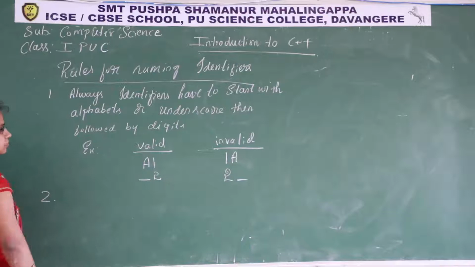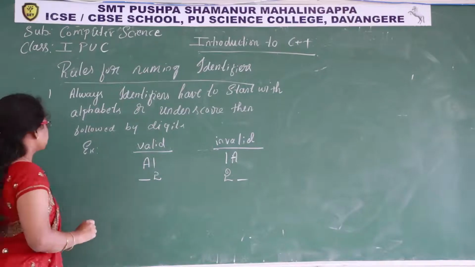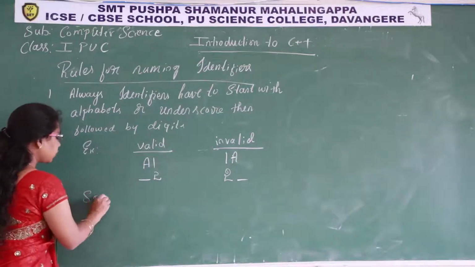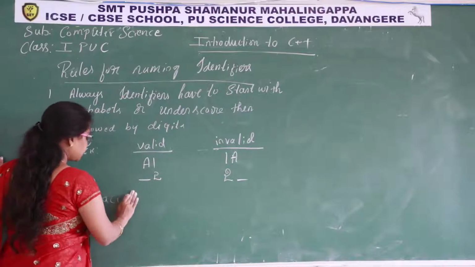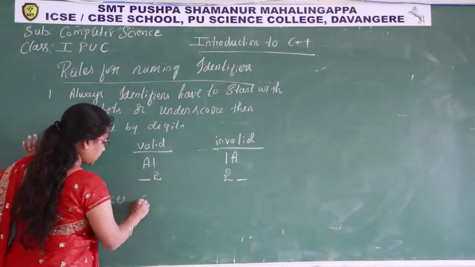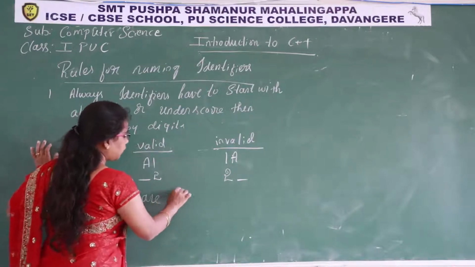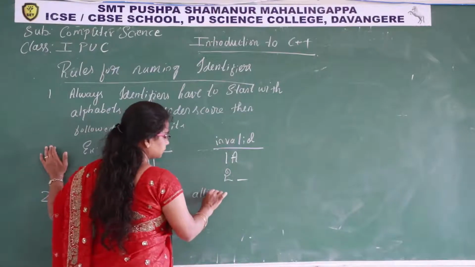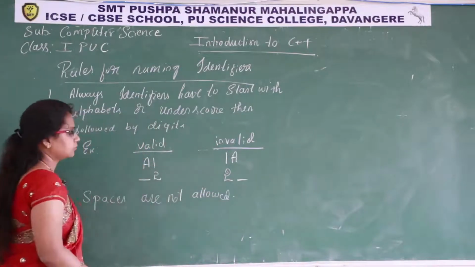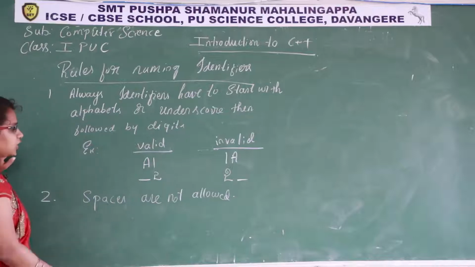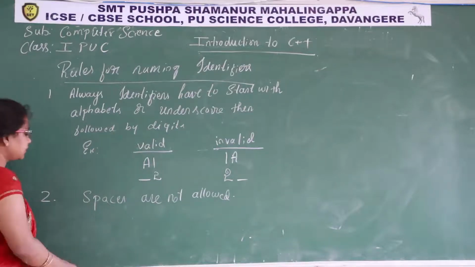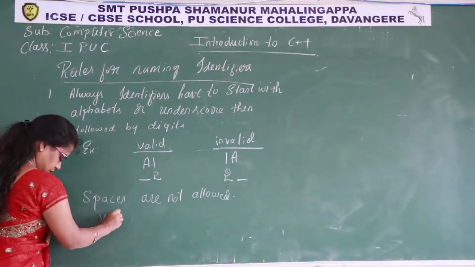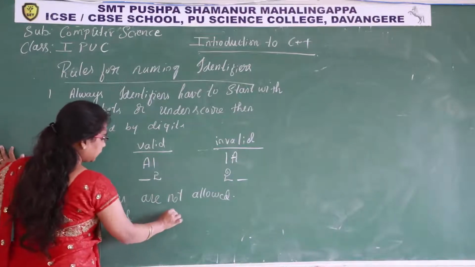Second, spaces are not allowed. You should not give space in identifiers. Example, valid I'll give first.